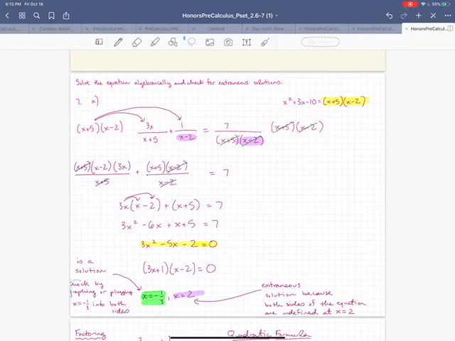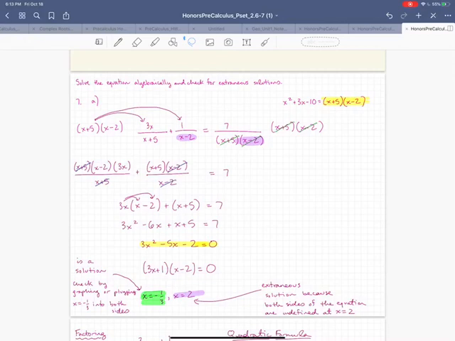Remember that when you check by graphing, the intersection of the two graphs is going to tell you the solution. So you will see the graph of this side and the graph of this side intersecting at x equals negative 1/3.